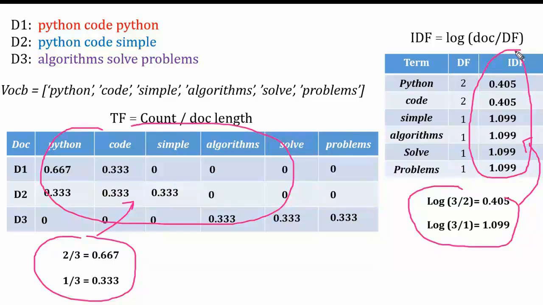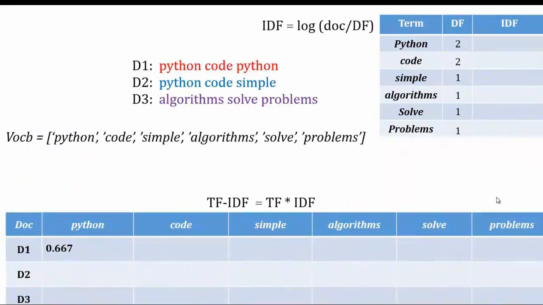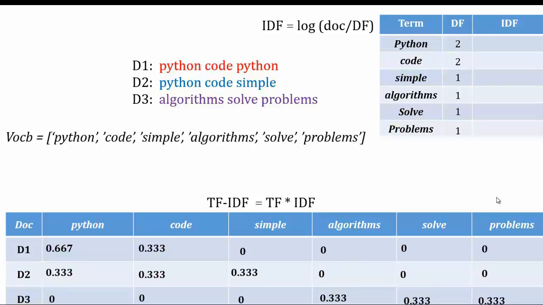Let's find TF-IDF. This is the TF value for Python in document 1, for code, and all others are 0. For document 2, this is the TF value for Python and for others. Same for document 3 as well. So here we have the TF values that we already calculated, and here we have the IDF values.